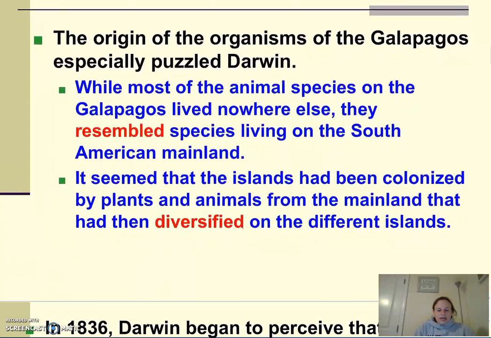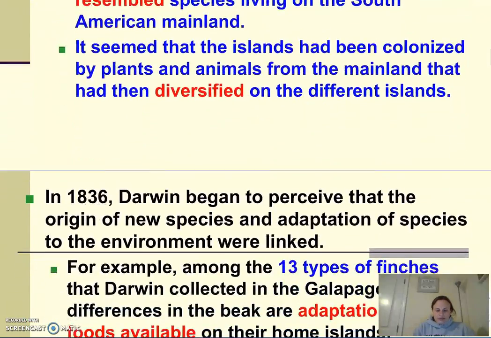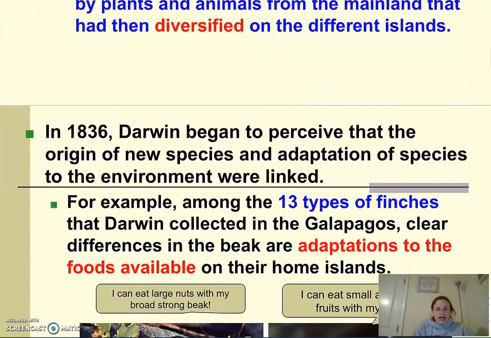So while most of the animal species on the Galapagos lived nowhere else, they did resemble species living on the South American mainland, and basically they had diversified once they reached the different islands.